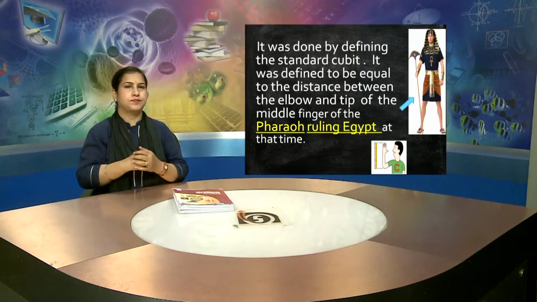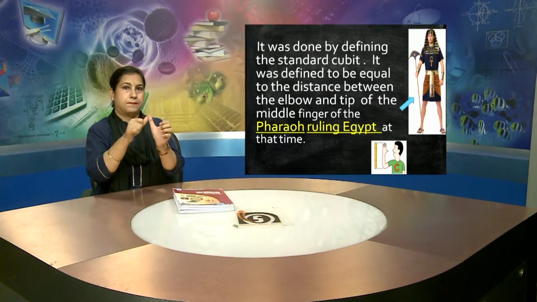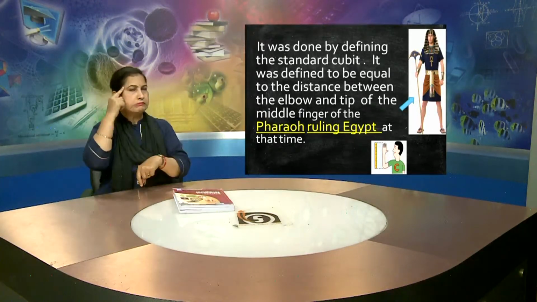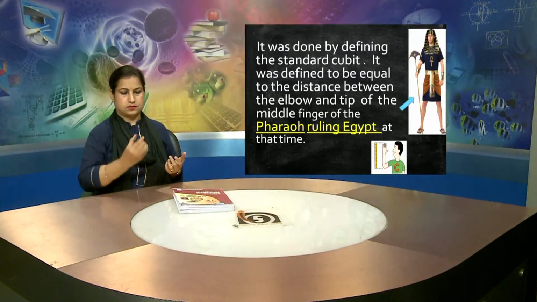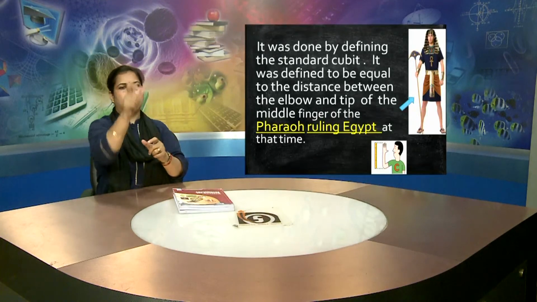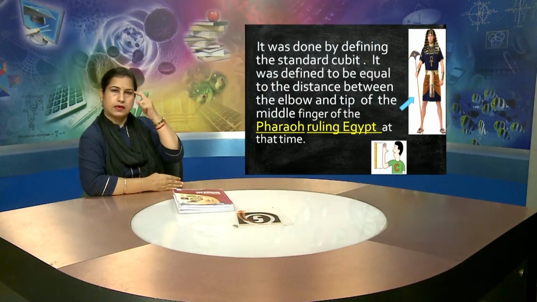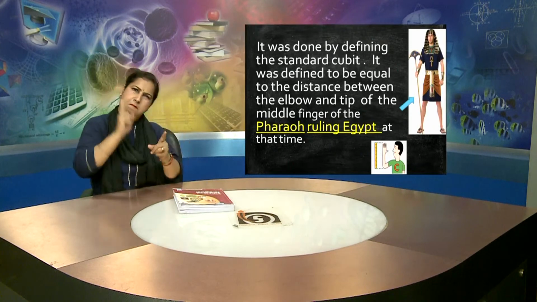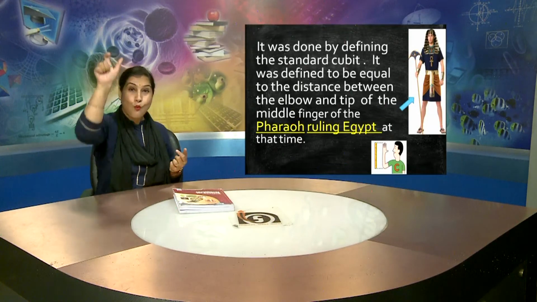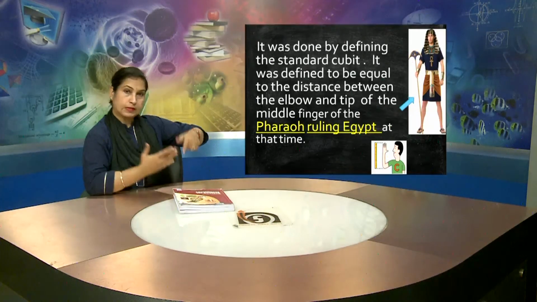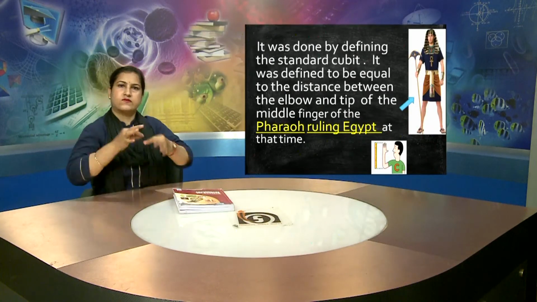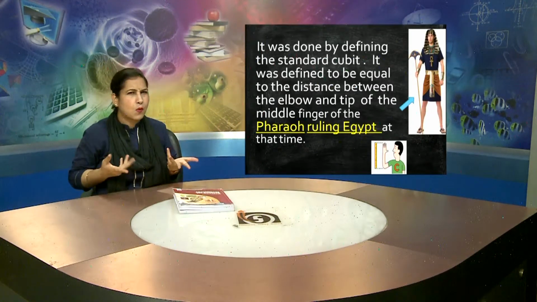It was done by defining the standard cubit. It was defined to be equal to the distance between the elbow and the tip of the middle finger of the pharaoh ruling Egypt at that time.